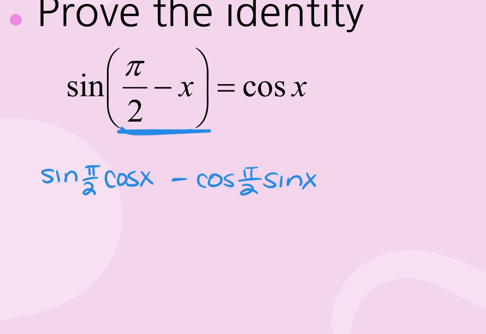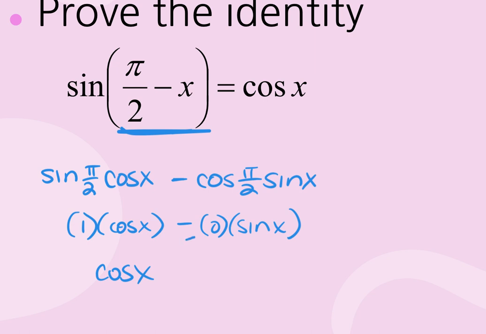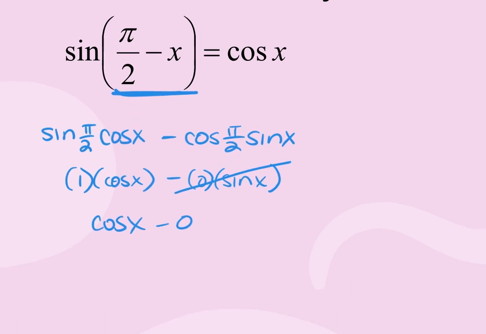What is sine of pi over 2? That's the y at the top. 1. What's the cosine at pi over 2? What's the x at the top? 0. And I'd get 1 times cosine, which is cosine, and 0 times sine, which is 0.